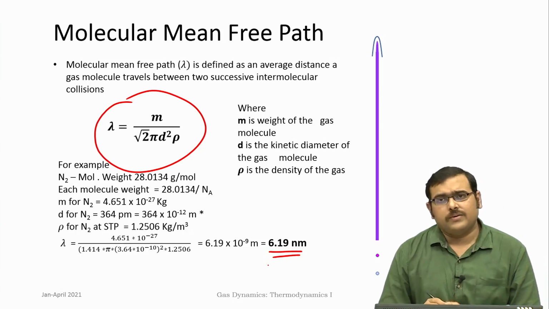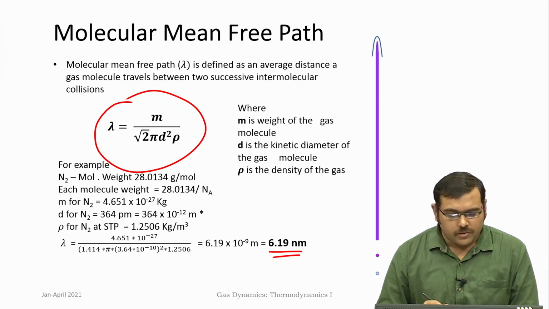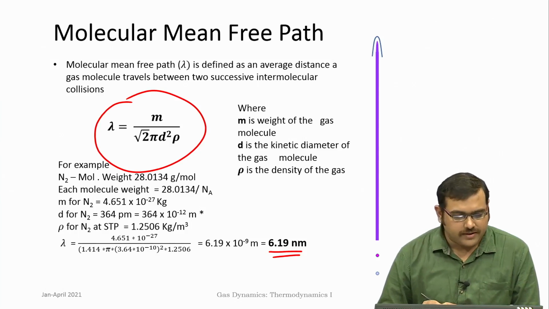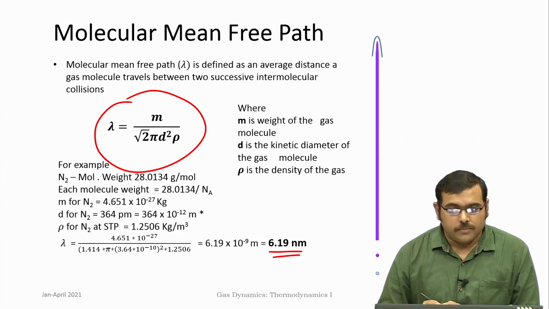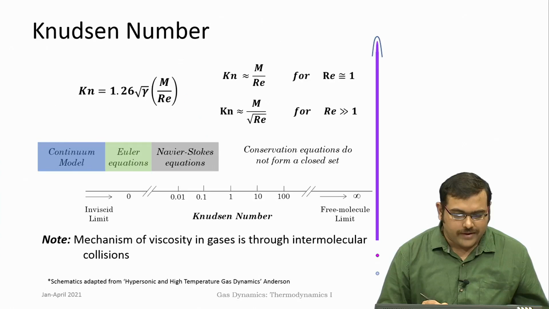So normally, when we consider normal flows, we do not actually look at the Knudsen number, because we are mostly considering continuum flows, but there may be situations when this continuum may not be valid.